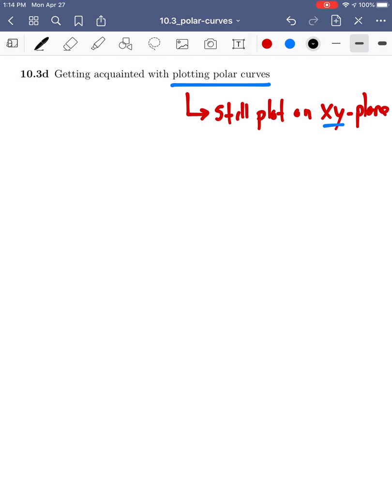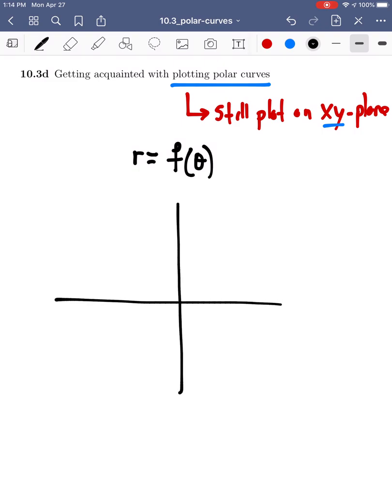And actually, we're going to do the same thing here. So for polar curves, we're typically given that the polar radius r is a function of the angle theta. And when we begin to plot these, I want us to notice that if we're plotting polar curves, again, we're on the XY plane, we're really asking ourselves at a particular angle, say theta equals pi over 6, how far do we go out for r when theta equals pi over 6?